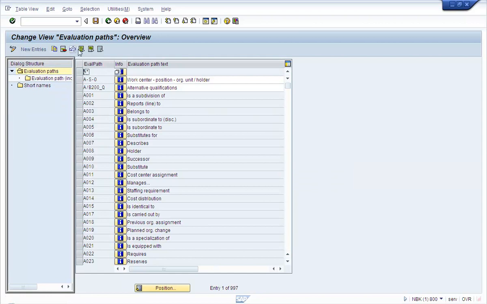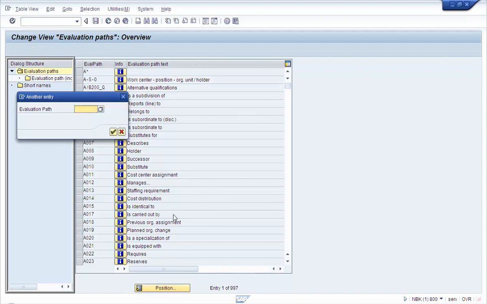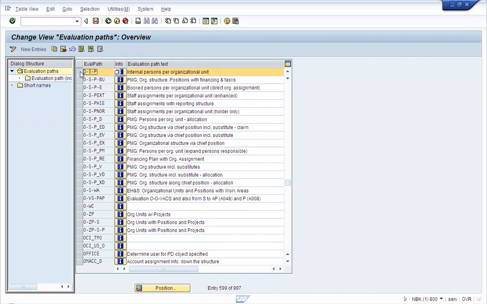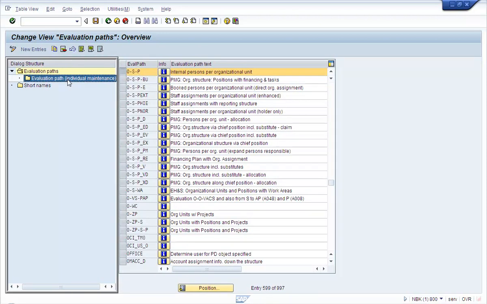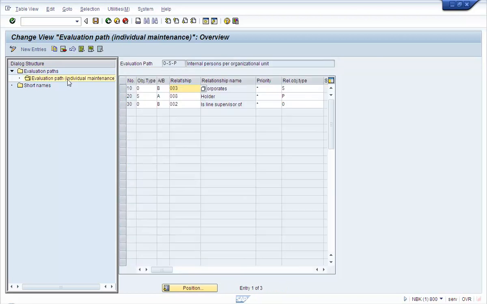When you go to the transaction OOAW, you will see the list of evaluation paths. Let us search for the evaluation path OSP, select it, and double click on evaluation path individual maintenance.